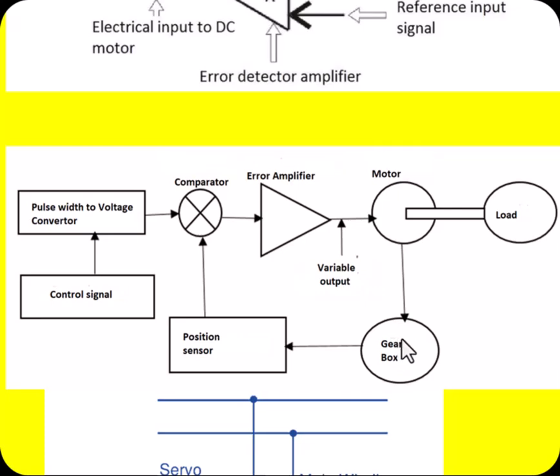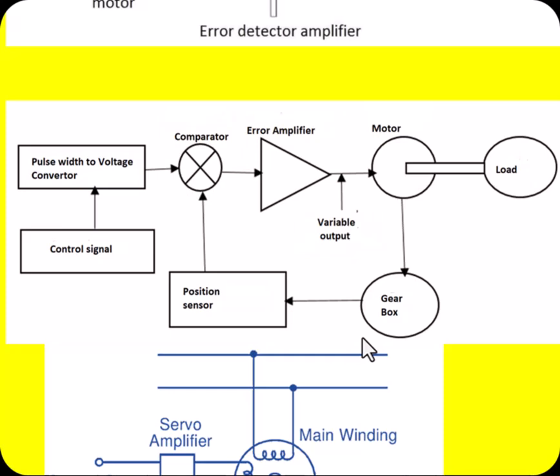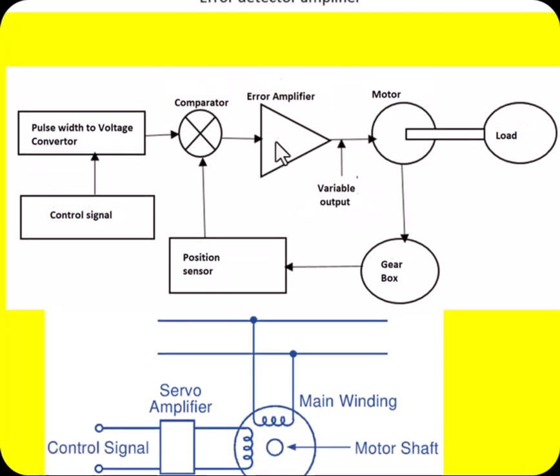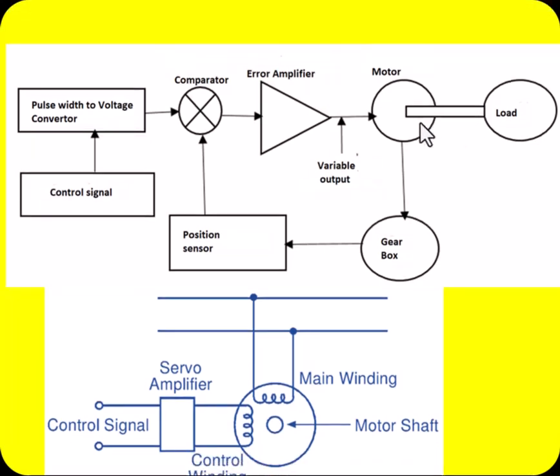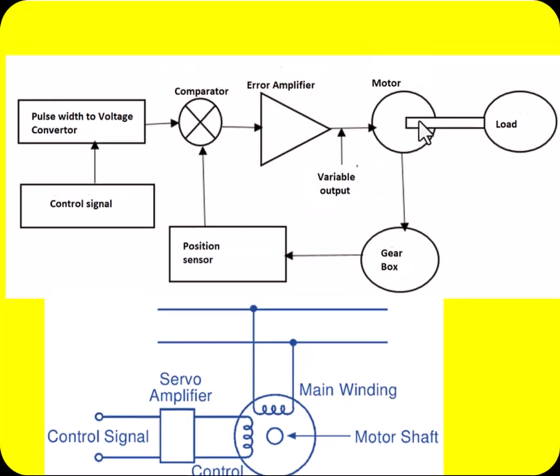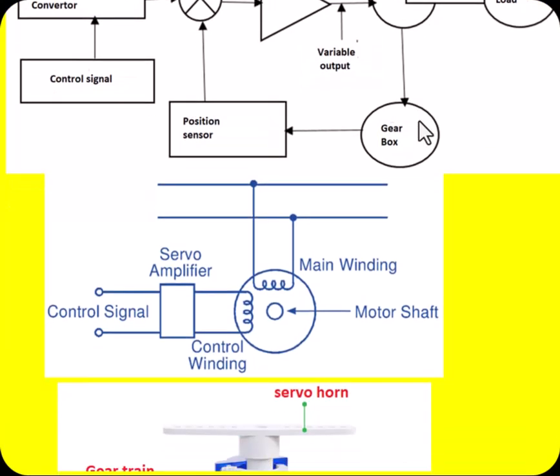This shaft is also connected to the gearbox, and this gearbox output is connected to the position sensor, and this position sensor becomes the feedback to the comparator. The comparator calculates the error, that is target position minus feedback position, and that error is fed to the amplifier, then fed to the motor until the difference between the target input and the feedback input is zero.